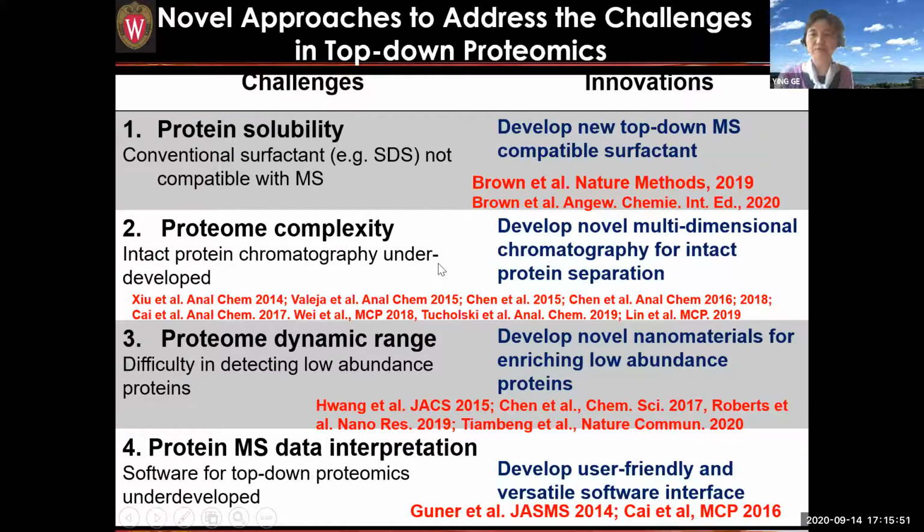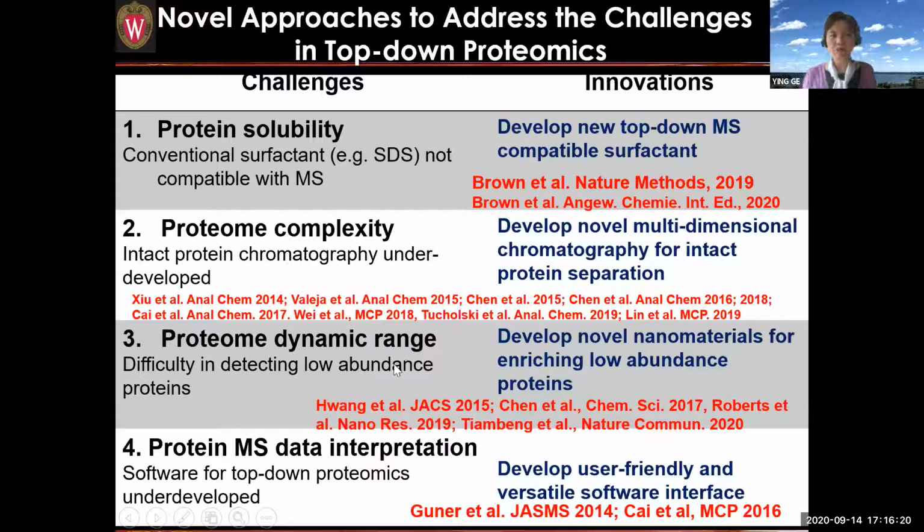As you know, the proteome has millions or even billions of proteoforms. So we really need to separate the proteins first before we get to any mass spectrometer. Even FTICR does not have enough separation power to separate millions or billions of proteoforms directly by mass spectrometry. So we have been developing novel multidimensional chromatography for intact protein separation.